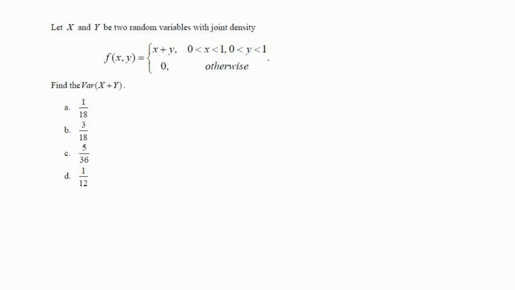So the next question we have here is that f(x,y) is given, and all we want to find is the variance of x plus y. To find the variance of x plus y, we need to find the expectation of x plus y firstly.